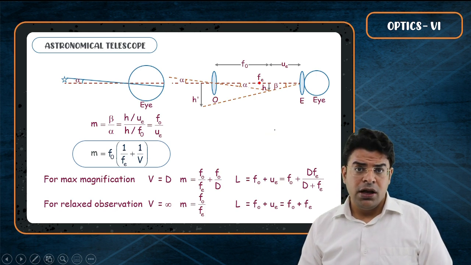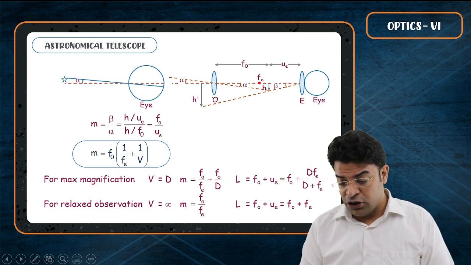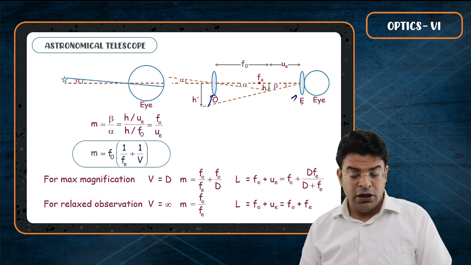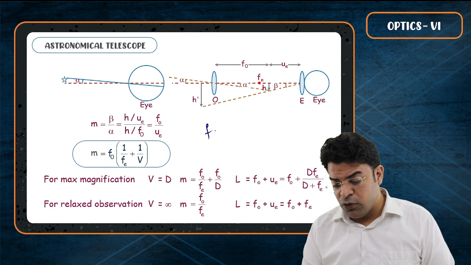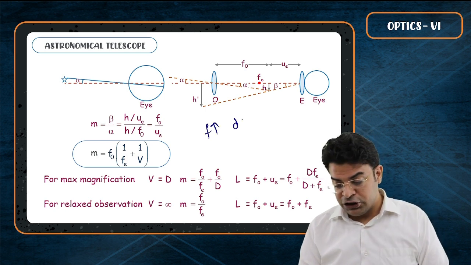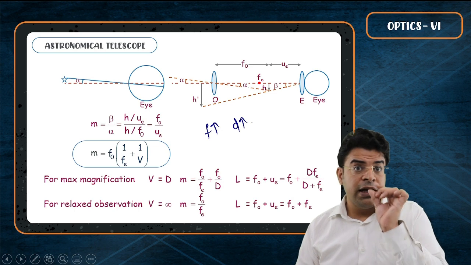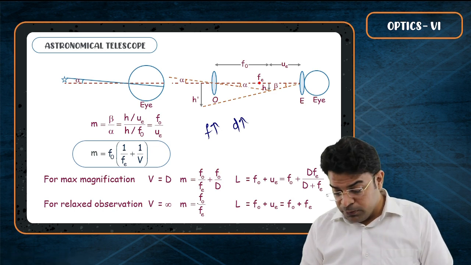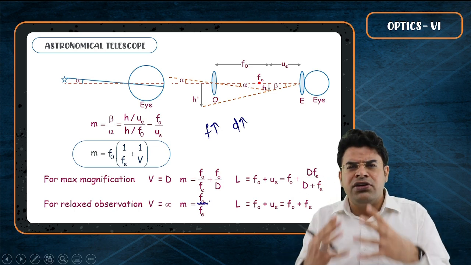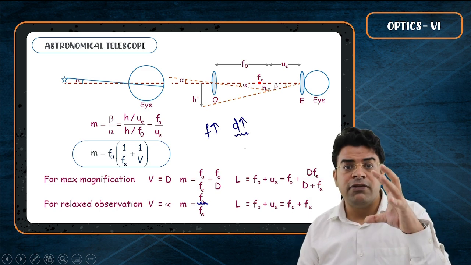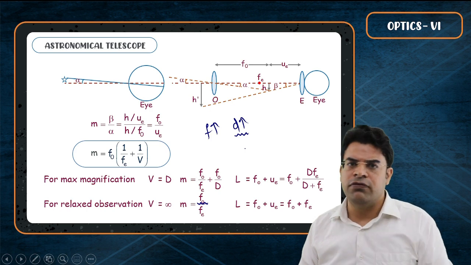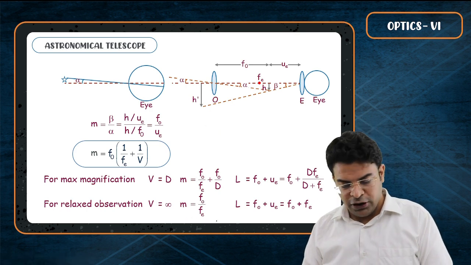Last thing, which one should have higher aperture, objective or eyepiece? Remember, in an optical instrument, the one which has greater focal length must have greater aperture. Since in a telescope the objective must have greater focal length to get greater magnification, the diameter of the objective lens should be greater than the diameter of the eyepiece. So these are some important points.